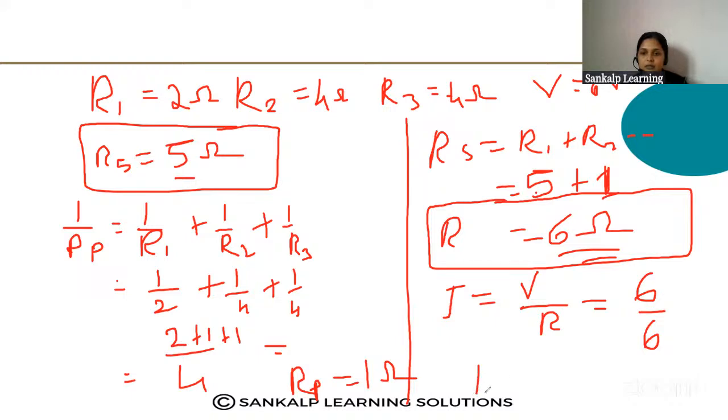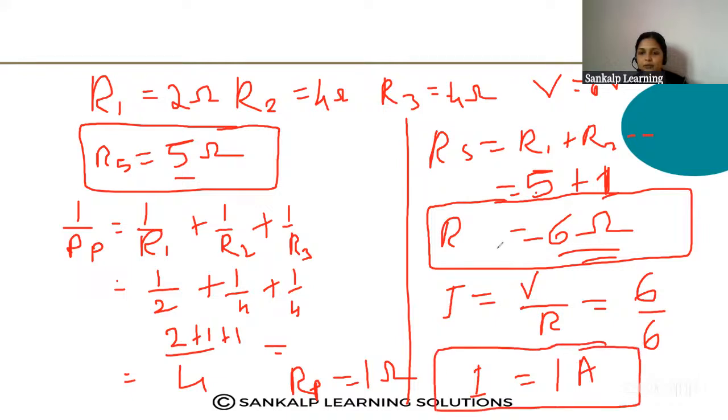So I is equal to how many ampere? 1 ampere. So this is the total current, and this is the total resistance. R is equal to 6 ohm and I is equal to 1 ampere is the correct answer. Yes, please note this down.